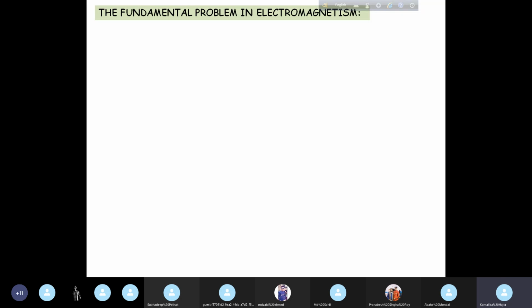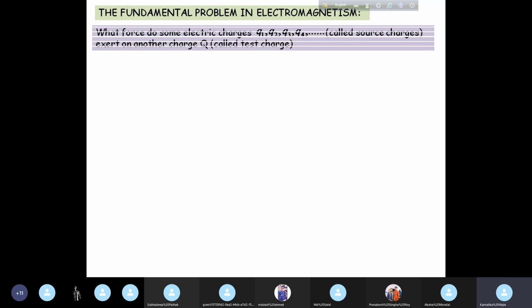And magnetism is also due to moving charges. Whenever a charge is moving, there is a magnetic field associated with it. All of you know this, Lorentz force. So it is not a good idea to separate electricity and magnetism. However, in the present module, we will be studying not the magnetic phenomena, but only the electrostatic phenomena.